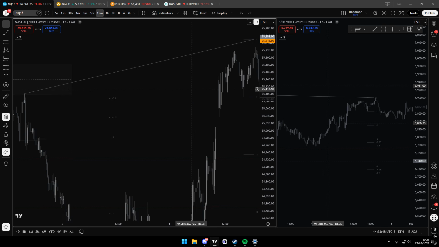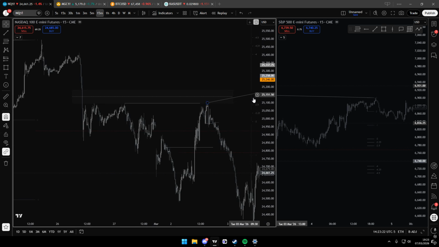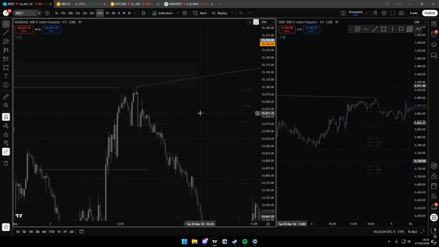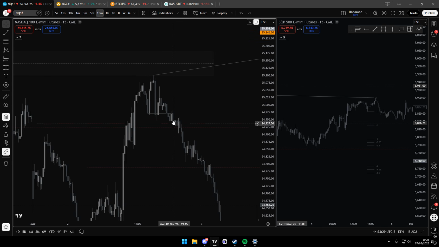So if we are following time frame alignment, then the 15-minute gives us a 1-minute entry, right? So we could look to see what the 1-minute does. Now, I don't care how you enter here. We could basically use, if we're sticking to gaps, this one, if we're sticking to breaker, this one.